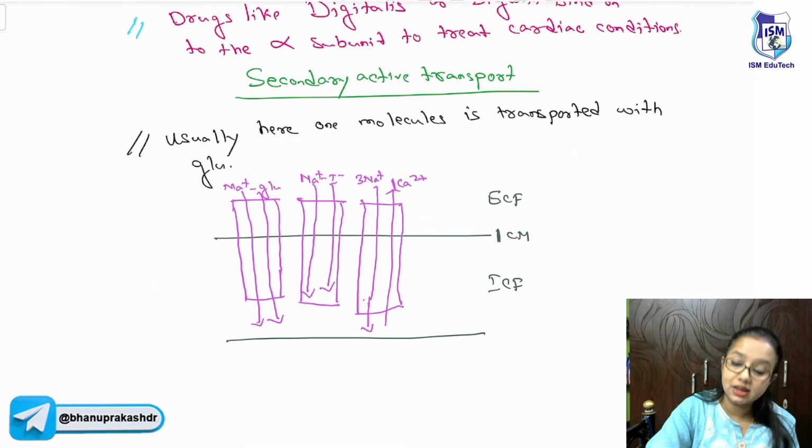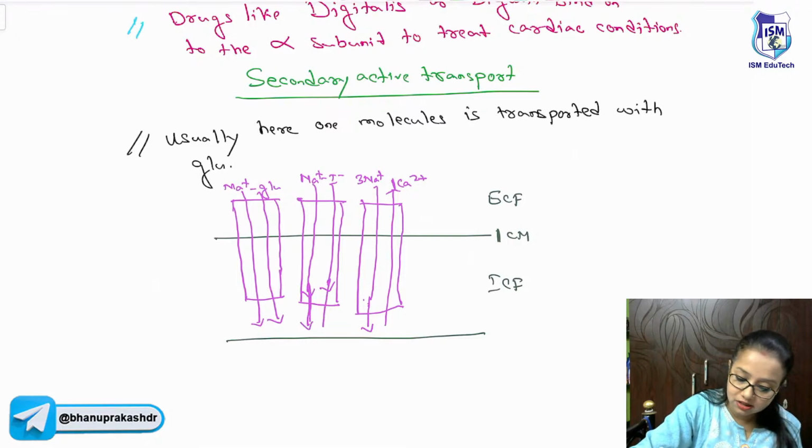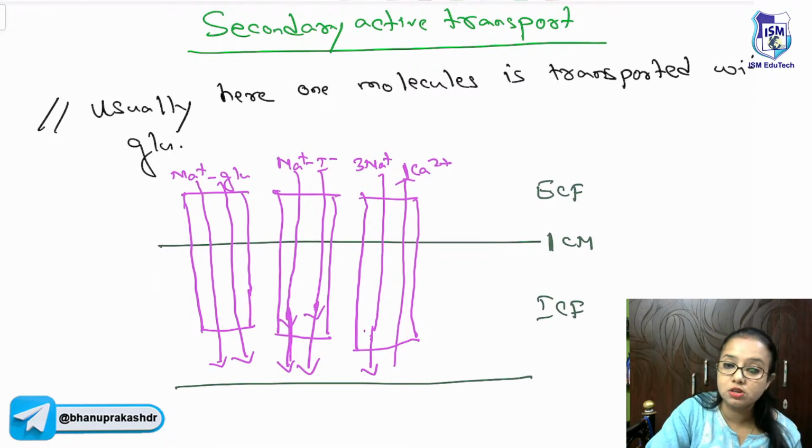So it is an exchange, not a co-transport. It is an exchange between the sodium and the calcium. Here, three molecules of sodium are entering from ECF to ICF and one molecule of calcium is leaving ICF to ECF, and this pump is very important after contraction of cardiac muscle happens and the muscle has to come back to its resting position. These are the typical examples in which sodium is essential.